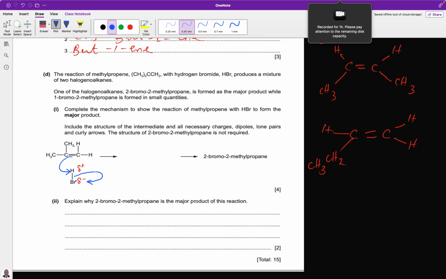Finally it results in a heterolytic fission. When that happens, an intermediate is formed.